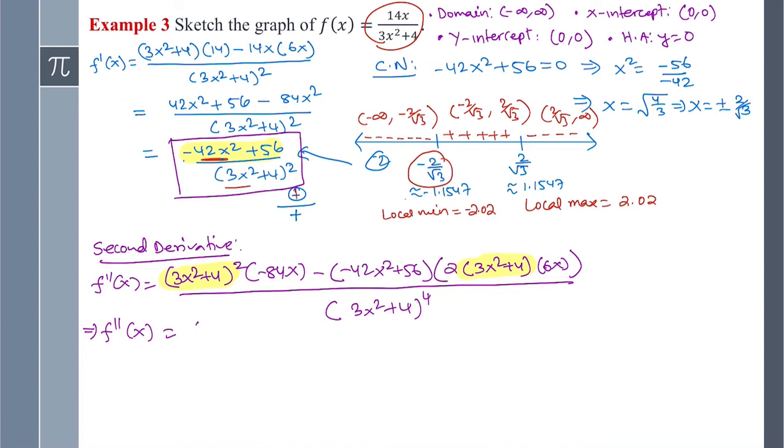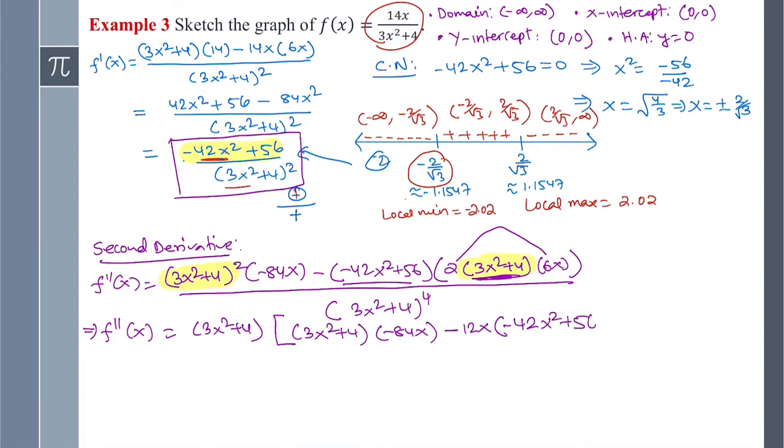If I factor out 3x squared plus 4, then here I still have one of those factors, which is 3x squared plus 4 times negative 84x, minus 2 times 6, which is 12x, times this factor, because we already factored that out, so negative 42x squared plus 56, and then divide by 3x squared plus 4 to the fourth.